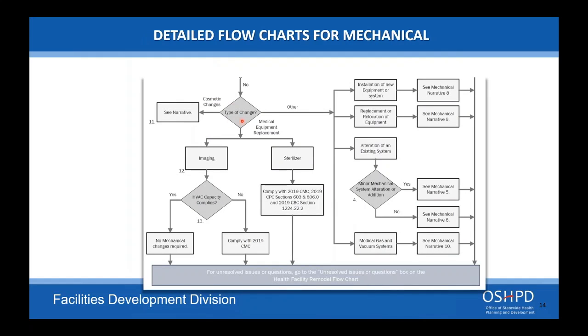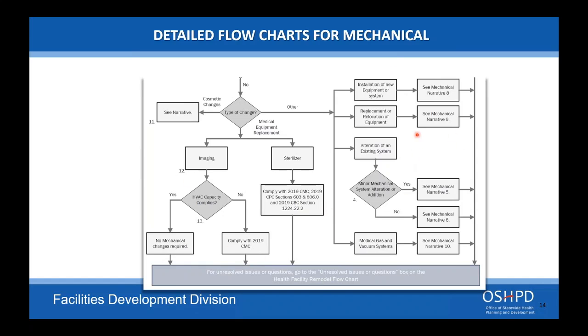So as we continue down here, it's the type of change. If it's an equipment replacement, we're looking at imaging equipment and other types of equipment. If HVAC capacity complies, no mechanical changes are required. If not, you need to meet current code. So there's a lot of things here that gets into types of equipment and stuff.